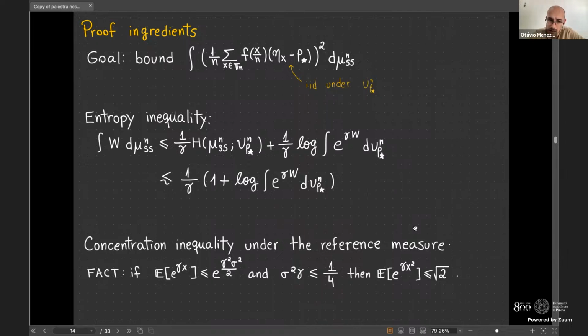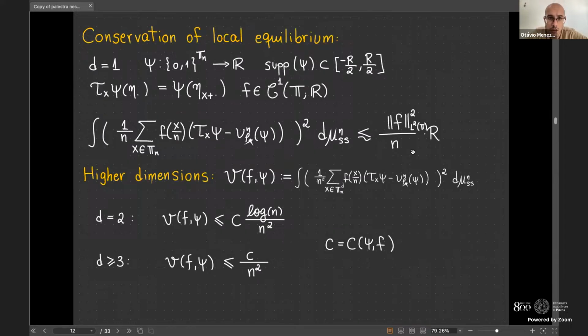And in all of the works that I'm aware of but one, the reference measure is always product, so that you can exactly compute those exponential moments that you were stuck with if you want to do your estimates. Essentially combine those two, and then you get your bound as we have written here.